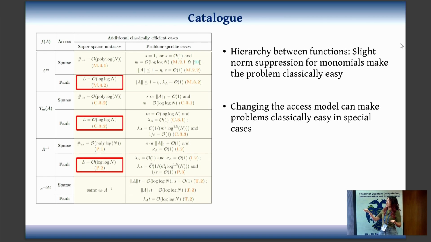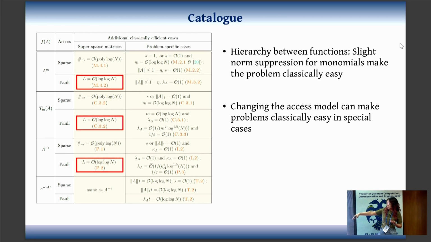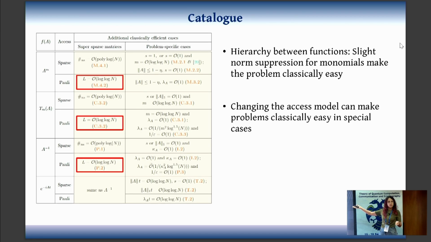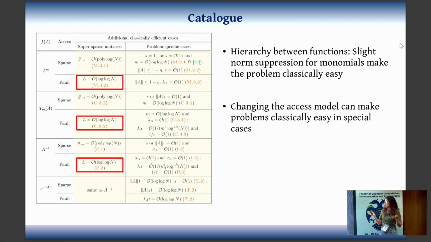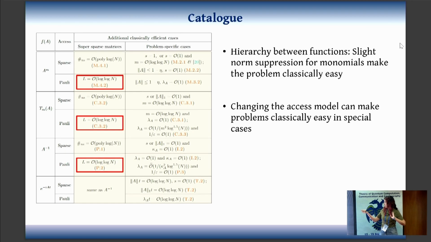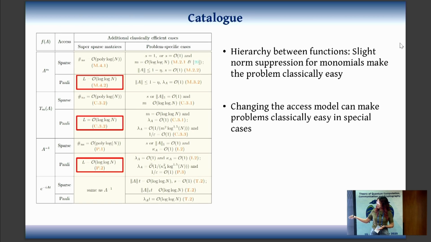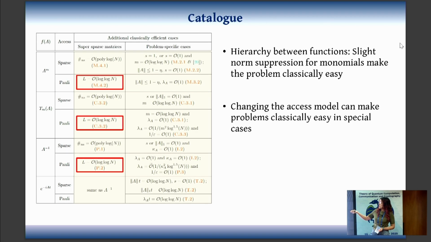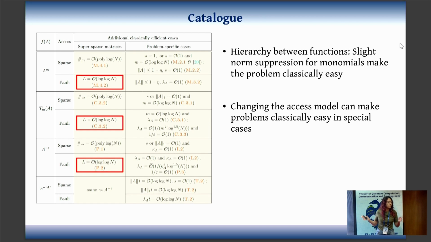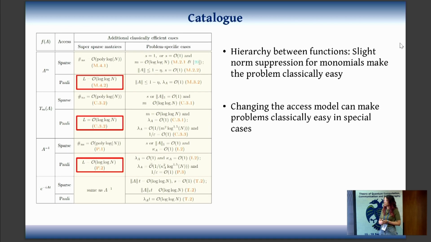So for instance, for all the functions in the sparse access, we have that the problems are, even for constant sparsity, BQP complete. But now if you take a matrix whose Pauli decomposition has only log n terms in it, this matrix is also a sparse matrix, possibly with constant sparsity.